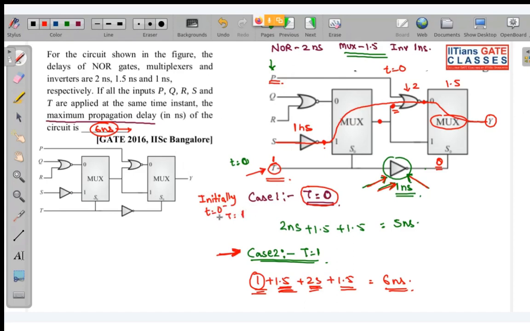So initially I am considering T equal to 1, and at time equal to 0 I am making a transition of capital T from 1 to 0. And in the opposite case, initially capital T was 0 at t equal to 0 minus, and I am making a transition to 1 along with all the inputs being changed. Now tell me if it is clear or not.